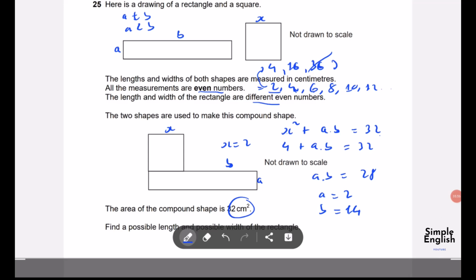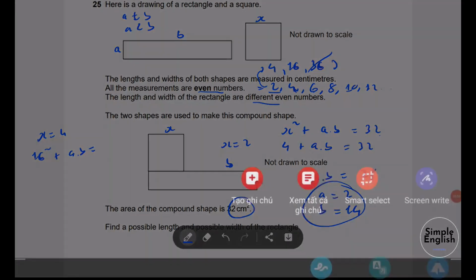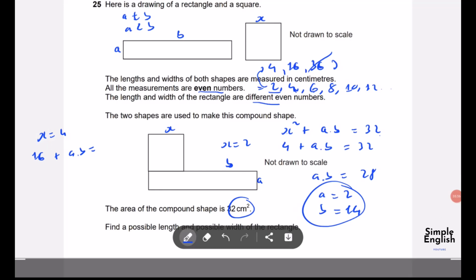Okay, this is one possible. We can try if x is 4 here. X is 4, so we have 16 plus A times B. Sorry, 16, not 16 squared. Equals 32, and then A times B equals 16, right? So A is 2 and B is 8, right? Maybe possible.